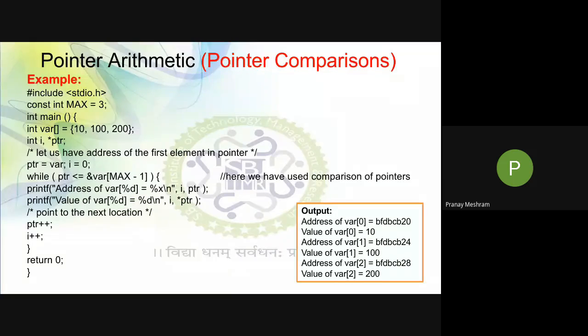So we have to run the loop until ptr has a value less than or equal to address of var max minus 1, that is, until the address of the last element.